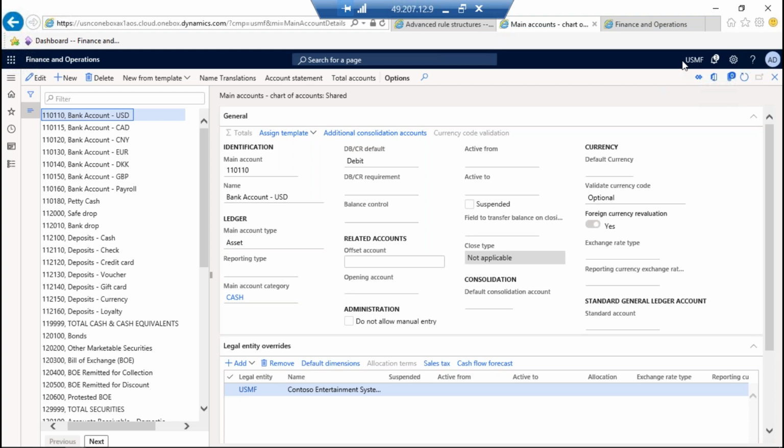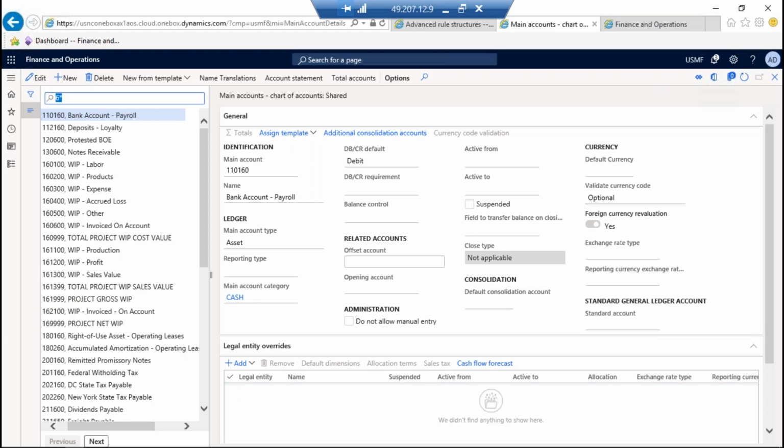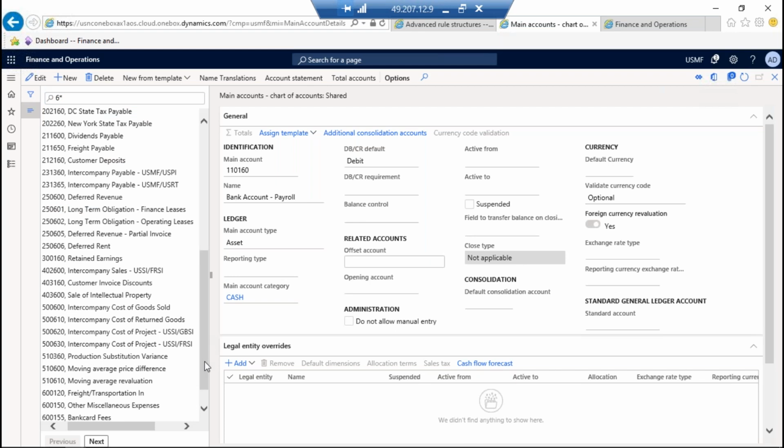We can create n number of charts of accounts, but we map one chart of accounts to one ledger, that is in the ledger form. Once it is mapped, you can see the main accounts here. Now in these ledger accounts, look at this one.